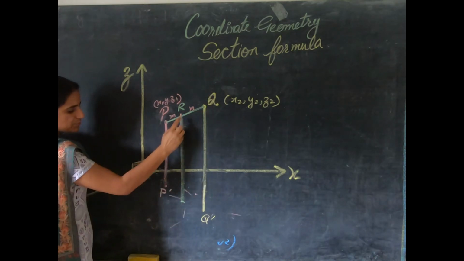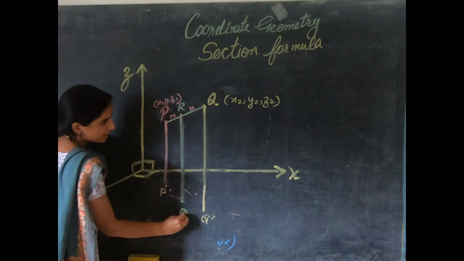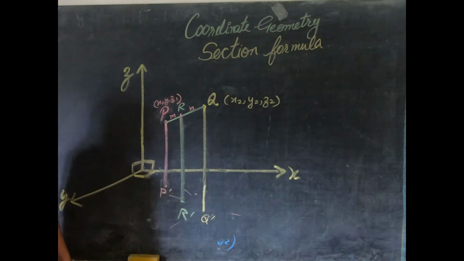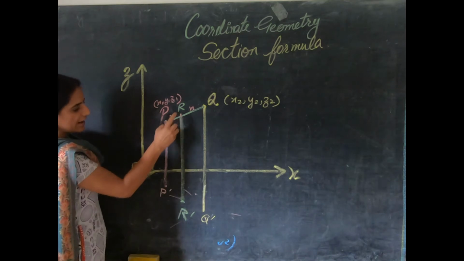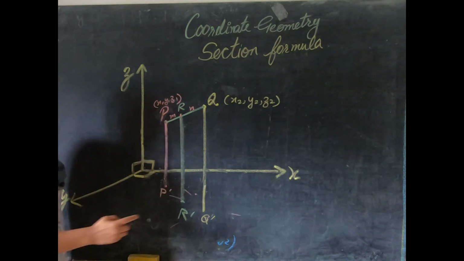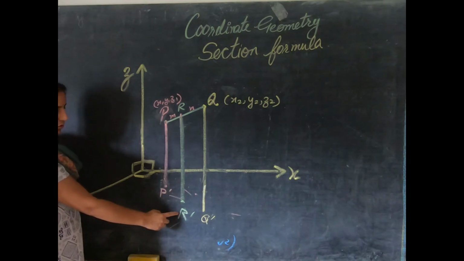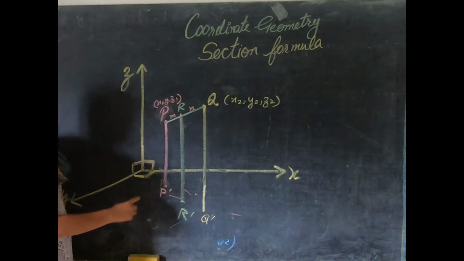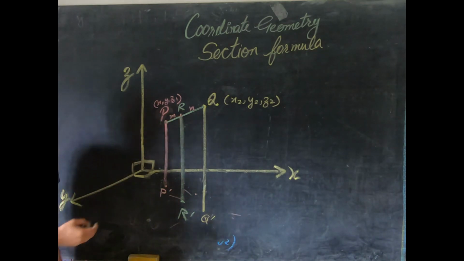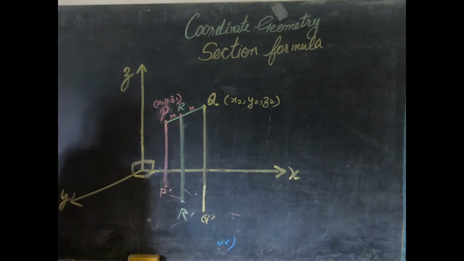The XY coordinates of this point are actually equal to the XY coordinates of this point, no? Because R and R dash just differ in their Z coordinate. The Z coordinate of this is 0 because it is on the XY plane, and the Z coordinate of this will have some value. The X and Y coordinates are going to be the same.